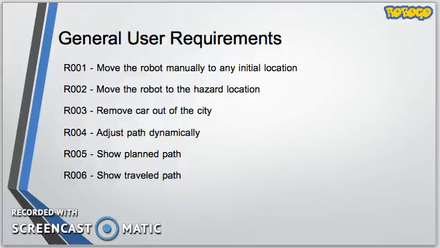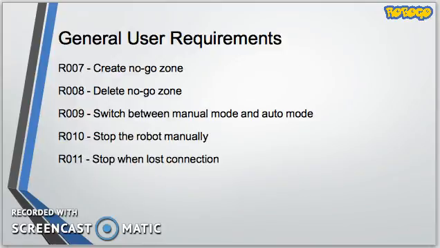The system is able to show the planned path and the travel path on the host site GMCS system. From the host site system, we can create a no-go zone, and we can also delete this no-go zone. And the operator is able to toggle between the manual mode and auto mode.